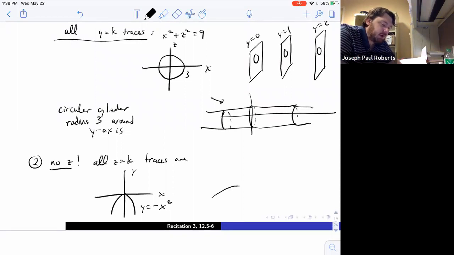And so if you stack up this parabola a bunch of times, you get what we call a parabolic cylinder.